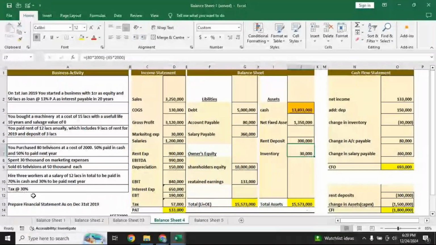Any doubts, please ask. These balance sheets are a bit simple.